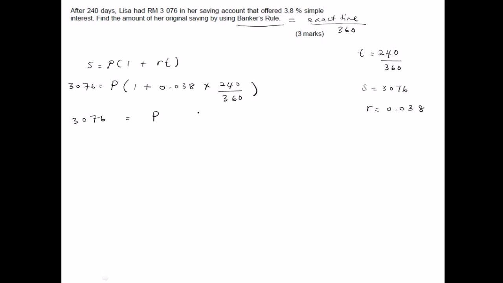If you get it correctly, we should get 1.02533333. You don't have to write this down, I'll just write this down as your reference. 1.02533333. And then we get P equal RM 3000.